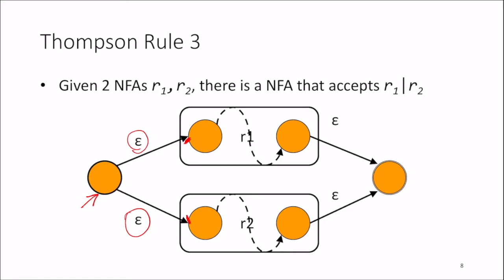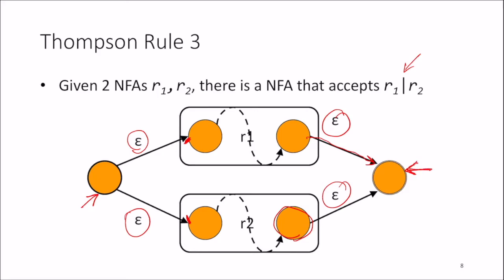So this essentially counts as the alternation. It says I can either go to R1 or go to R2, and the final state of R1 has a transition on the empty string to the new final state, and the final state of R2 has a transition on the empty string to the same new final state.